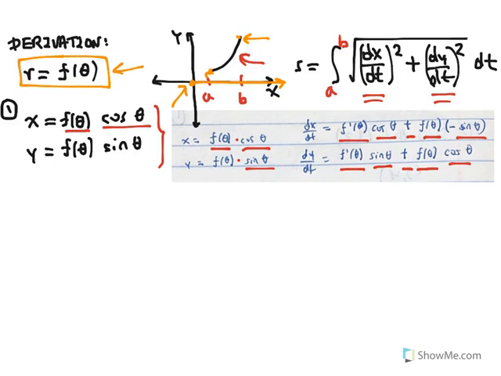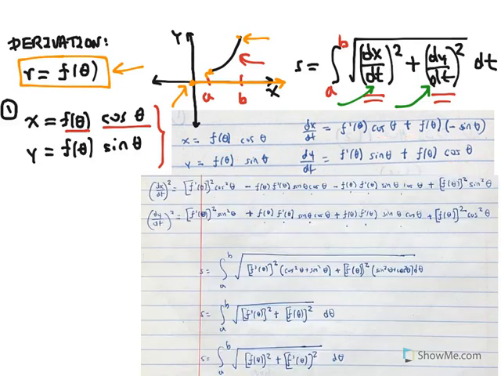So now our next step is to take dx dt and square it, take dy dt and square it, because we need to write that in for dx dt squared and dy dt squared in the radicand of our integrand in the integration formula for arc length in parametric form. So how do you square dx dt? You have to do FOIL. So you have your first term here, and you have your last term here.